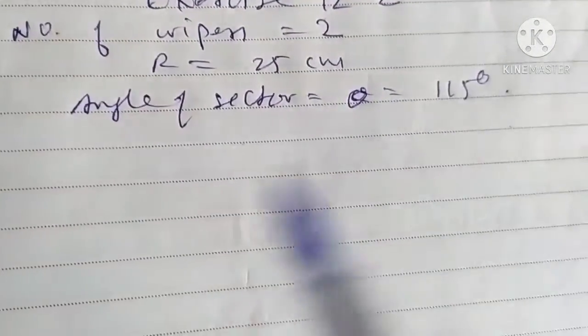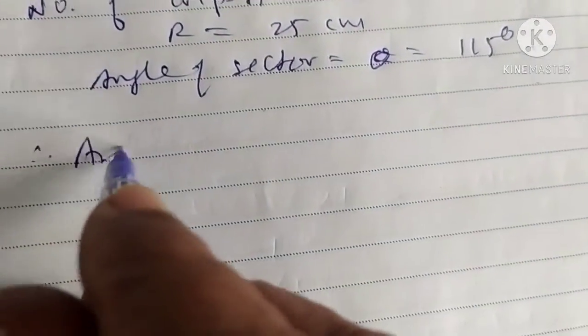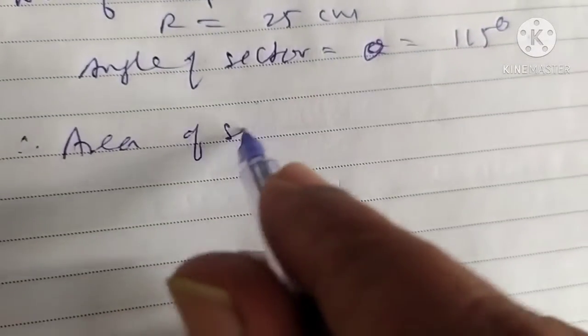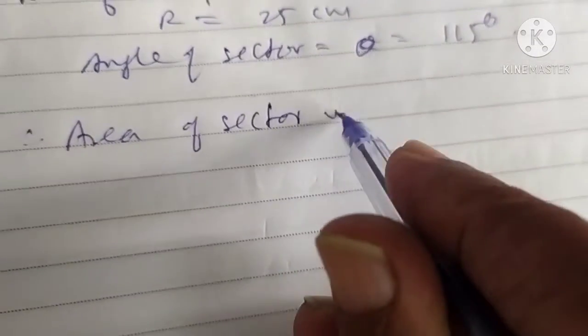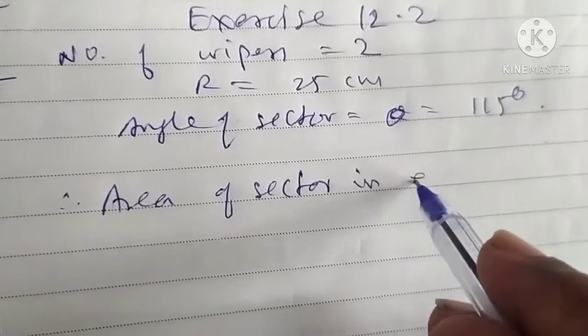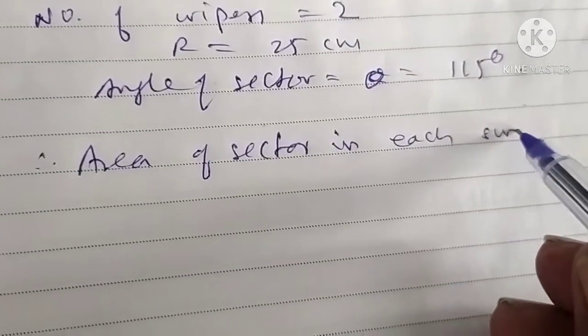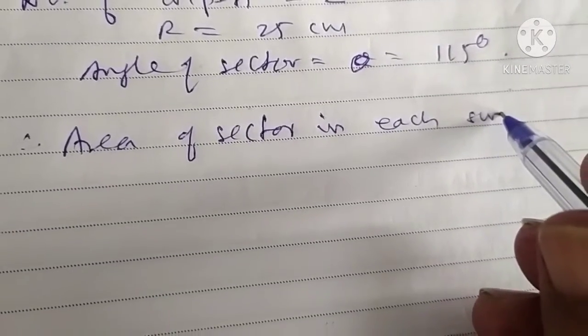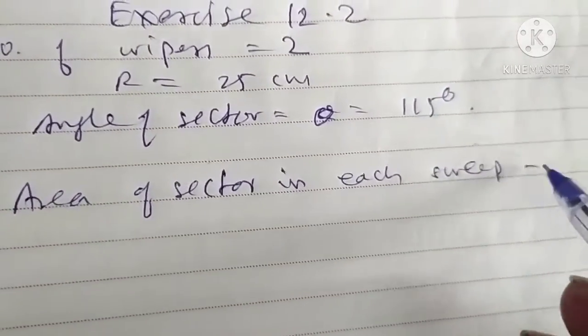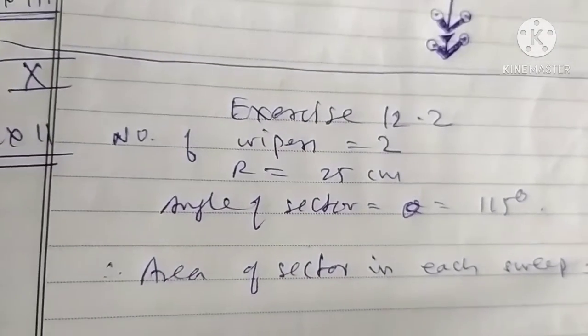Okay, then therefore area of sector in each sweep. Right, students? That is equal to, how many wipers are there? 2.